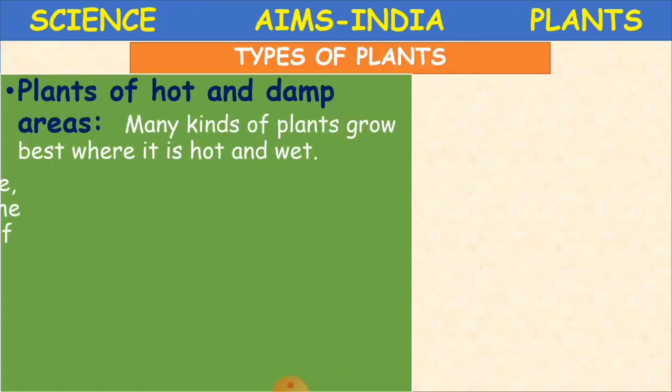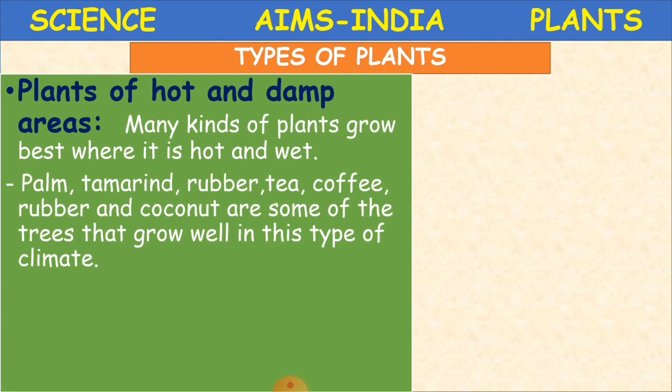Okay, now another type of trees. These are plants of hot and damp areas. What is a damp area? A damp area is one which has a little moisture in the air. For example, the seashore.